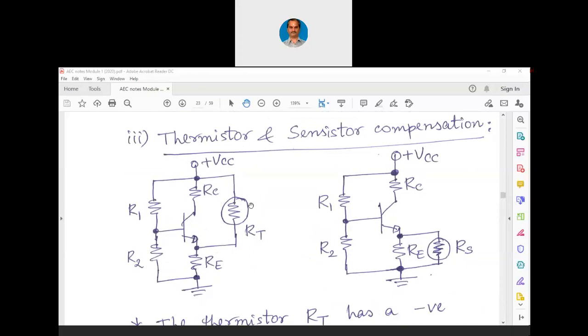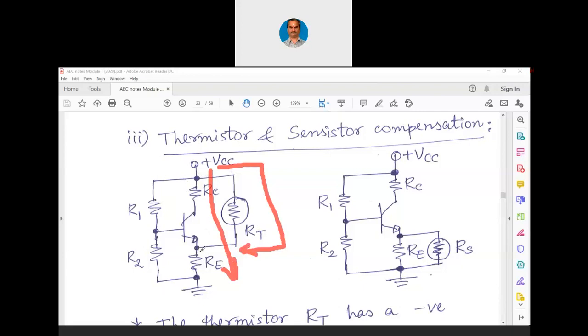Now when it reduces the resistance, we have a path of current here. We have one path of current in this direction and one more path of current in this direction. One current is coming from RC to RE, one more current is coming from RT to RE.